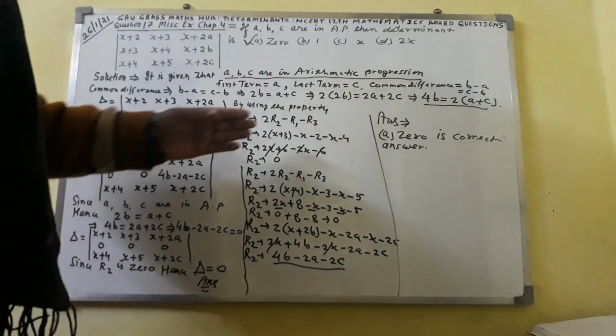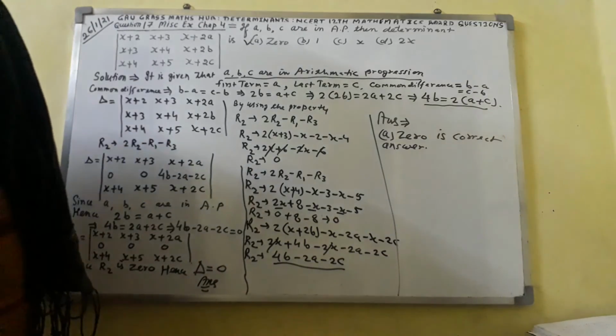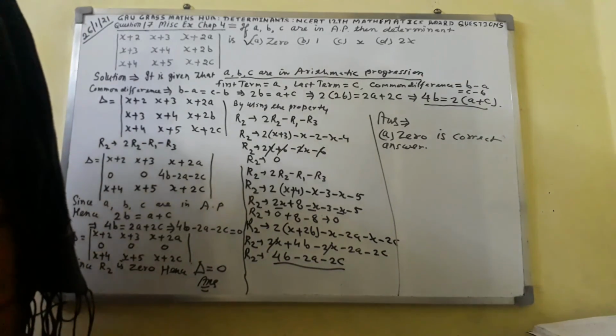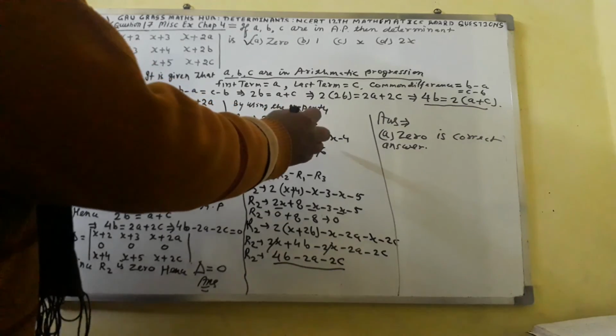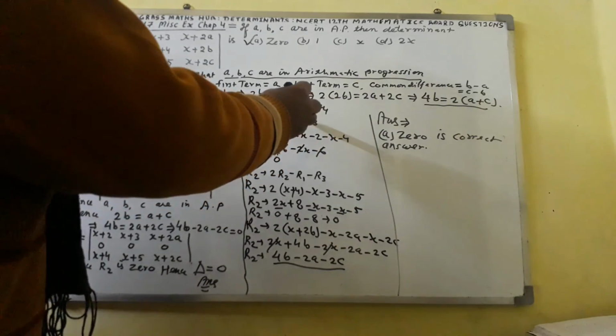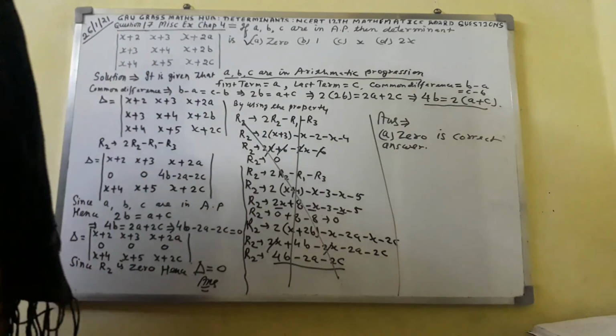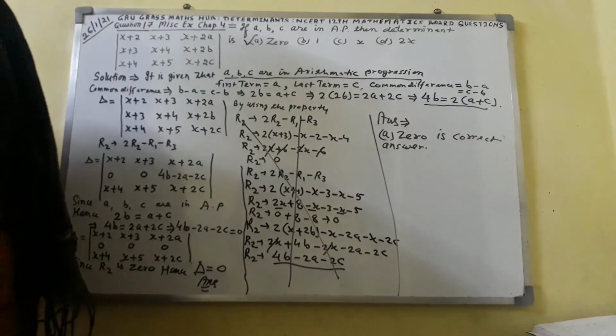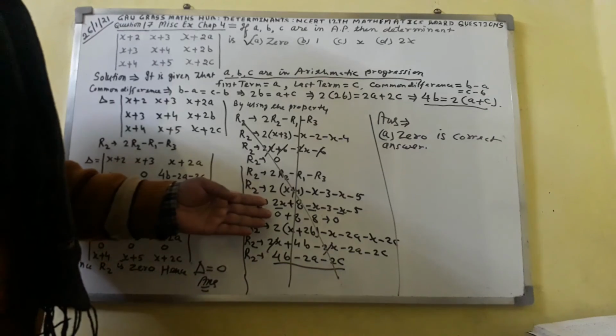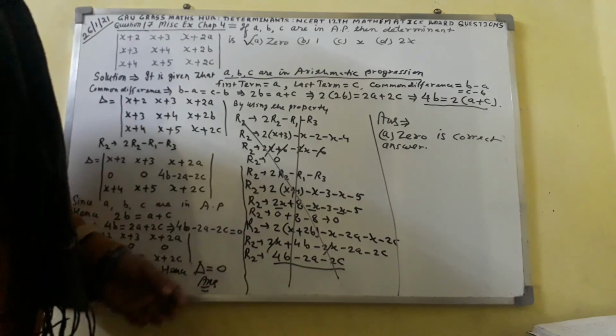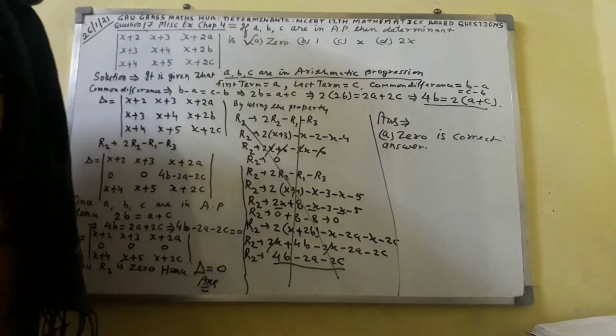This is the rough work I have done here. Just make a simple cross here, this is the rough work I have done. So from this place to this place, a simple cross like this you can do. For calculation purposes I have done it. Rough work is also evaluated in the board exam.